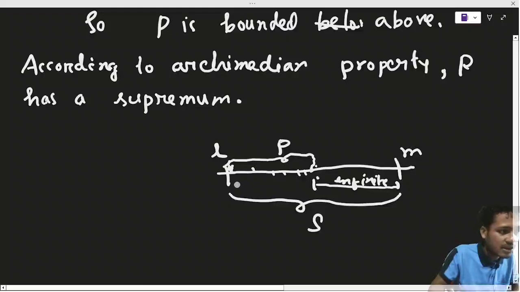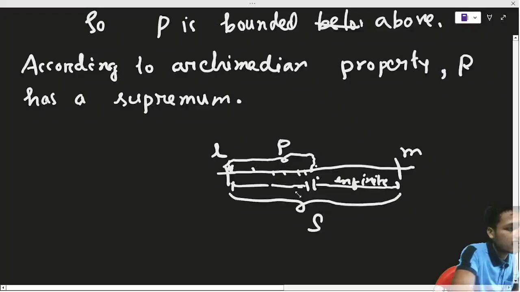यहाँ से यहाँ तक ये सब finite होना पड़ेगा, finite. ओके, यहाँ पे finite. तो अभी P has a supremum.